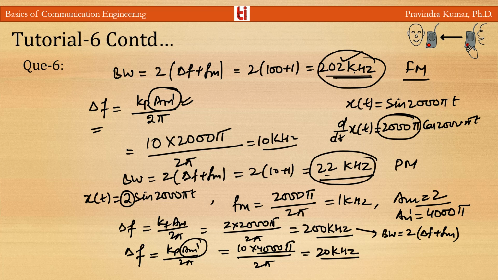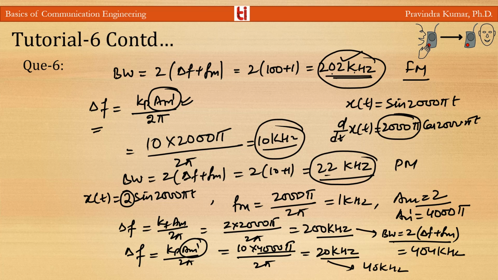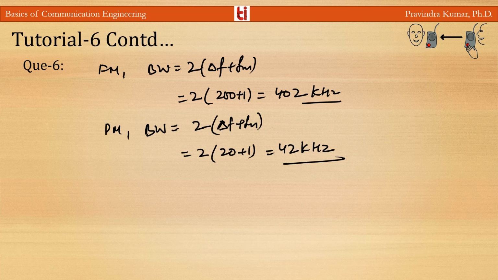When I have doubled the amplitude, the bandwidth also increases: we have calculated 404 kilohertz, and for the PM case the bandwidth is 22 kilohertz, and when I have doubled it, in this case it is 42 kilohertz. And when I have doubled the frequency, we can see doubling the frequency of xt has hardly any effect on FM bandwidth.